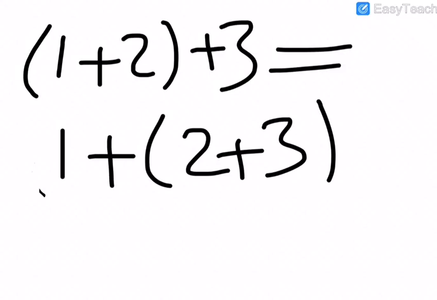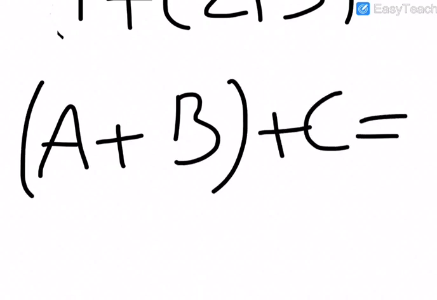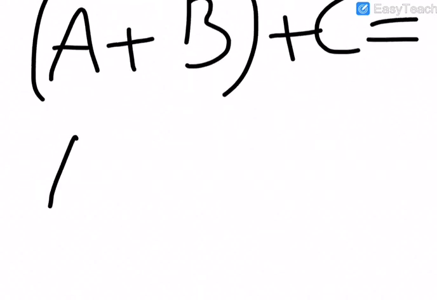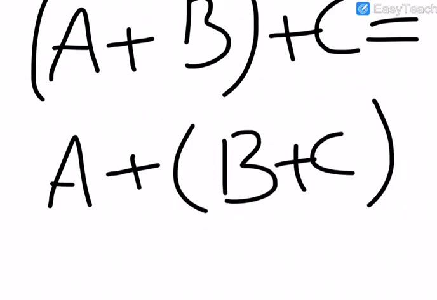We call this: matrix addition is associative. So A plus B in the parentheses plus C is equal to A plus B plus C. Right? So matrix addition is also associative.